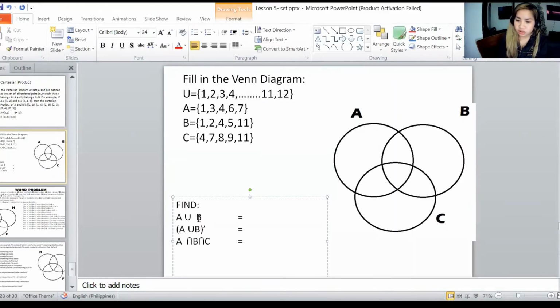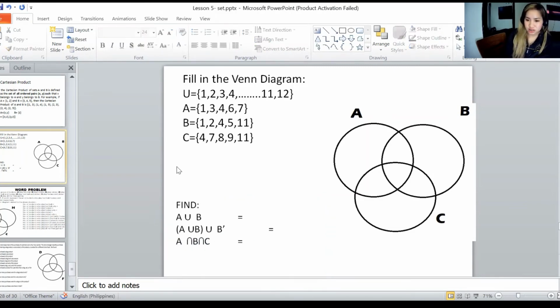So, find the union of A and B. Unahin niyo po yung union ng A at B. Tapos after that, kunin niyo po yung complement ng B. Tapos, pagsamahin niyo using union kung ano yung mga elements na nasa loob nitong set na to and sa complement ng B. And then after that, sagutan nyo, intersection ng A, B, tsaka C. So ito po is representation ng set natin, dalawang set, pero ito yung sasagutan nyo.